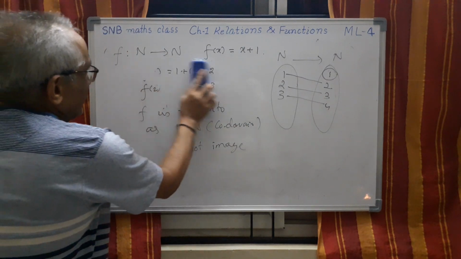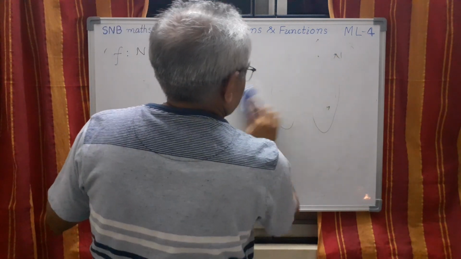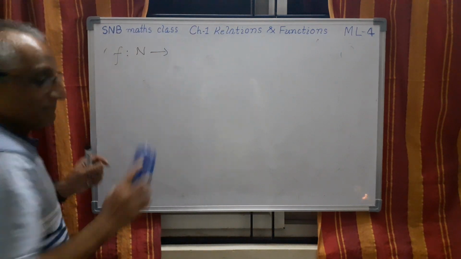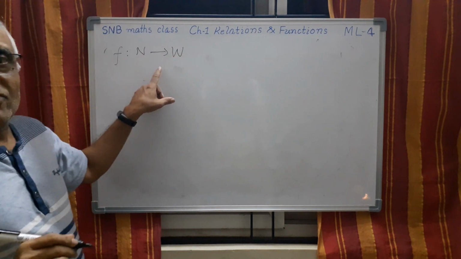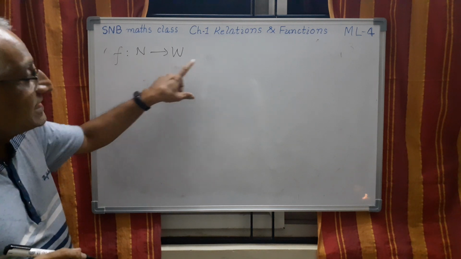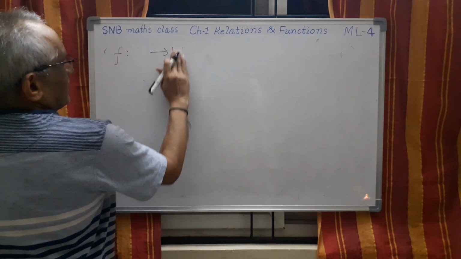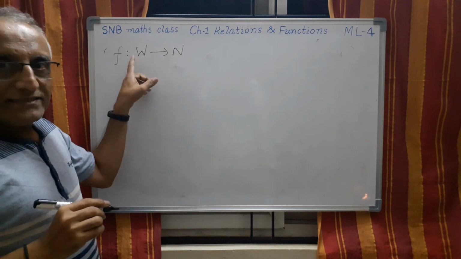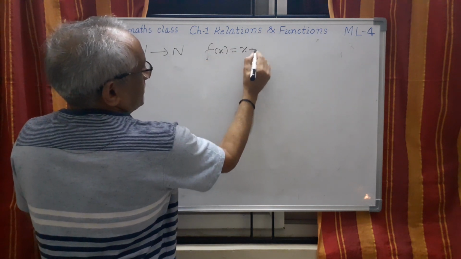Now let me take for example here. Suppose instead of N, I take W, that is the set of whole numbers, which includes 0 also. In that case it becomes onto. See, like this, W then N. This is W, this is N. Suppose you define now f of x equal to x plus 1.